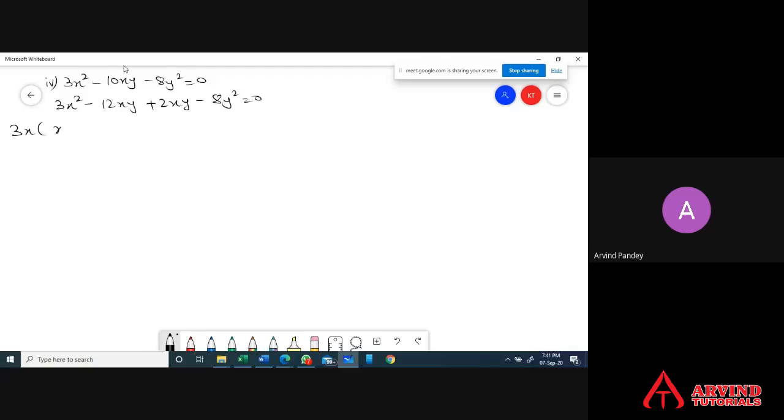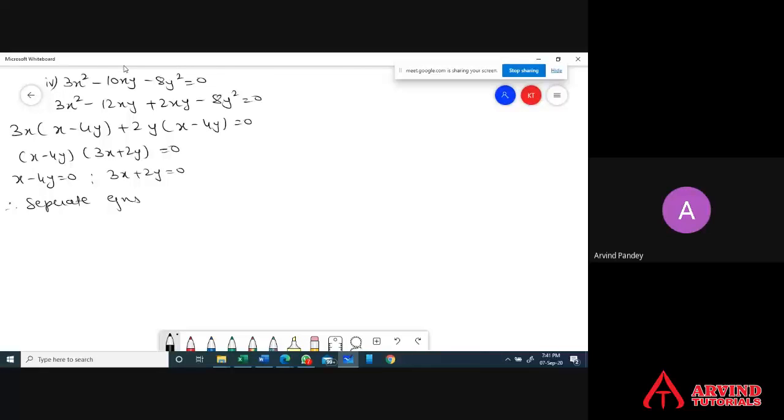Now you take 3x common, so 3x(x minus 4y) plus 2y common, (x minus 4y) equal to 0. So this is (x minus 4y)(3x plus 2y) equal to 0. That is x minus 4y is 0, 3x plus 2y is 0. Okay. We'll say therefore separate equations of lines are x minus 4y equal to 0 and 3x plus 2y equal to 0.